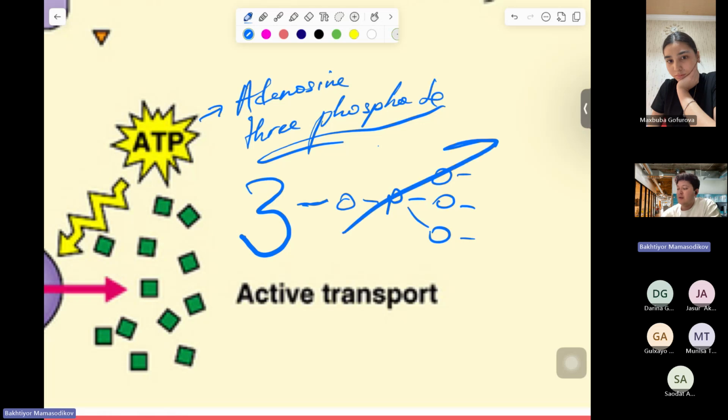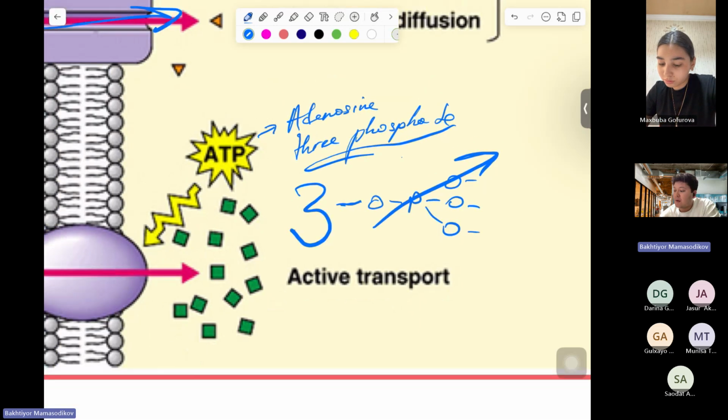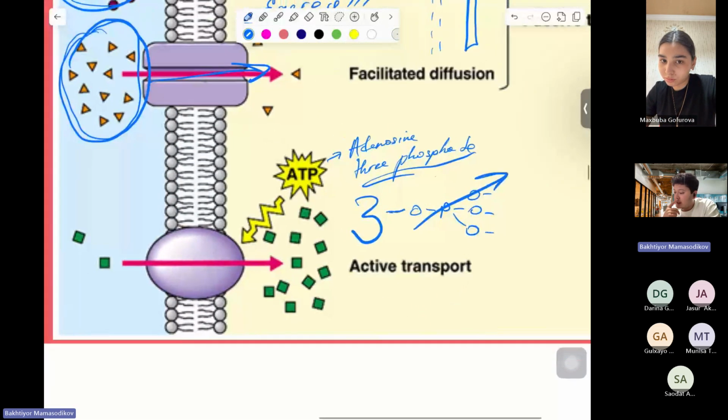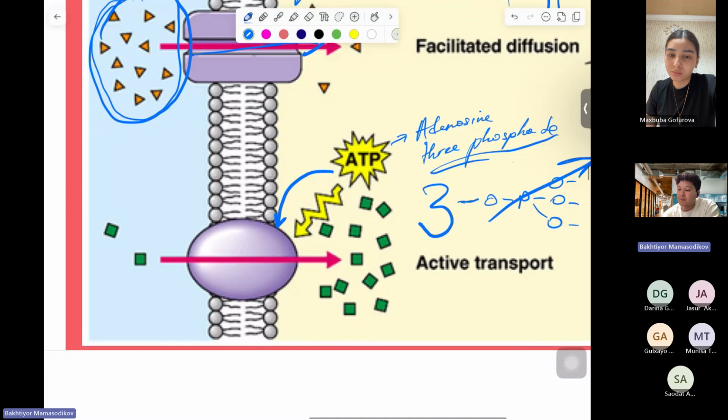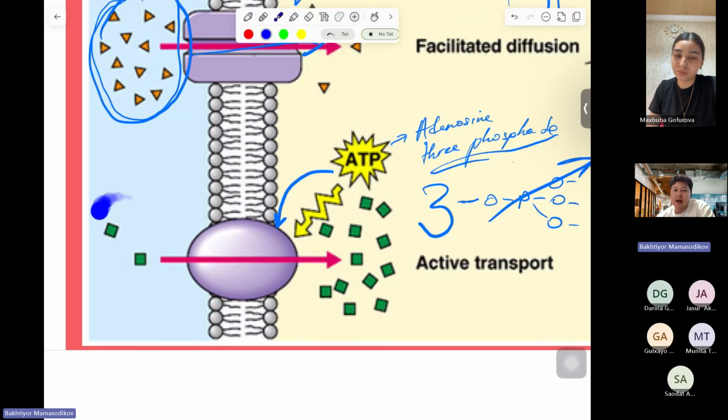When we remove each phosphate molecule, we get the energy. We will learn about it in cellular respiration, but you know that ATP is the source of energy. This ATP molecule is going to act on the membrane and force the molecules to get inside. So in active transport, as you can see, there are fewer molecules outside and more molecules inside.